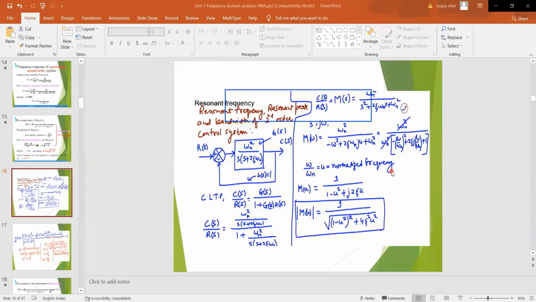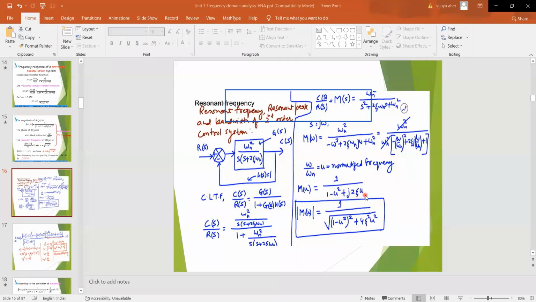And you will get this equation for M(u). This is the equation for M(omega) in terms of omega and omega n. By putting omega divided by omega n, you will get M(u), that is, the transfer function in terms of normalized frequency, equal to 1 divided by 1 minus u square plus j 2 zeta u.